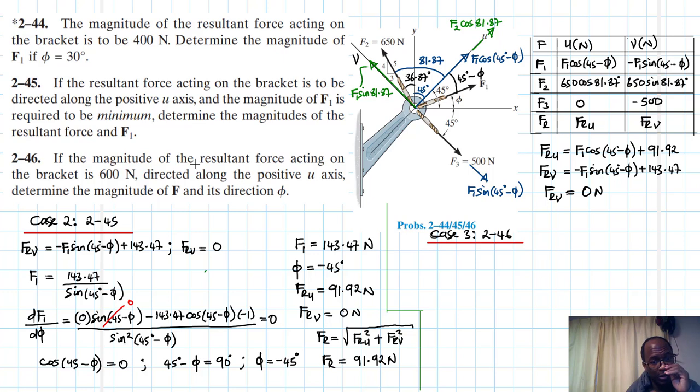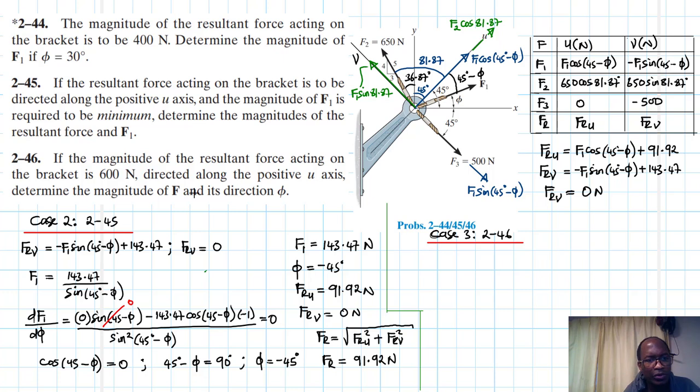Here we've been told that the magnitude of the resultant force acting on the bracket is 600 newtons and is directed along the positive u-axis, and we have been asked to determine F and this magnitude phi.